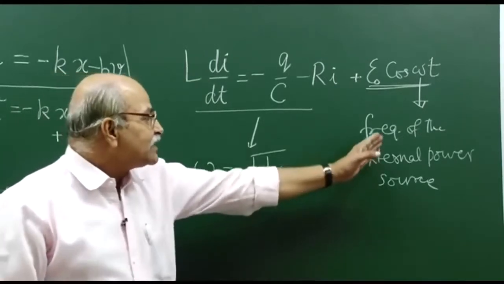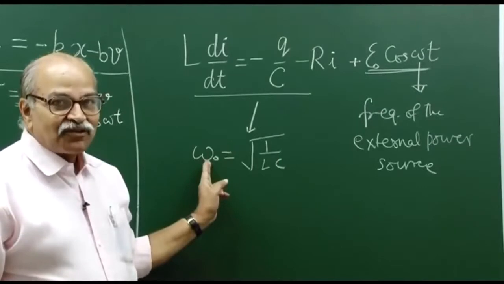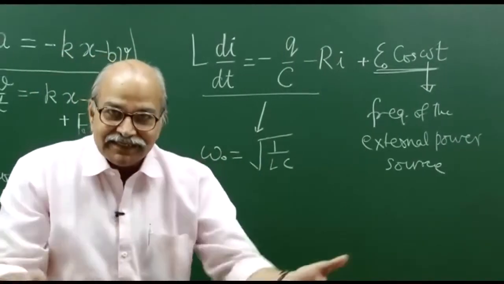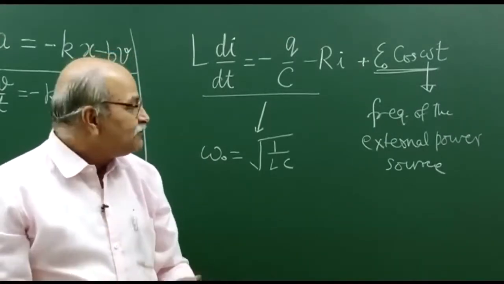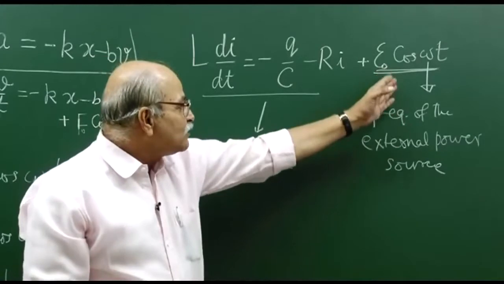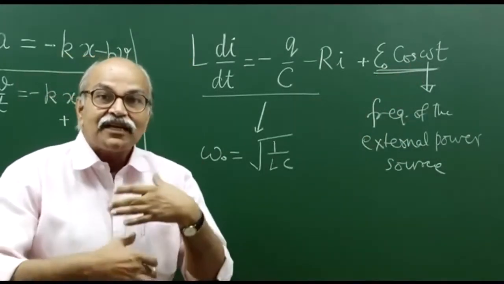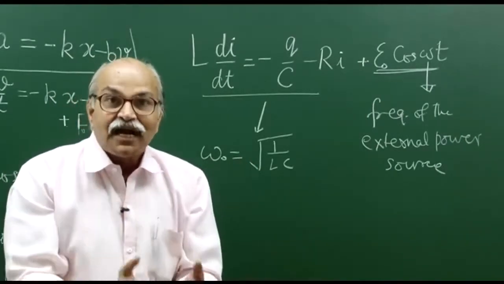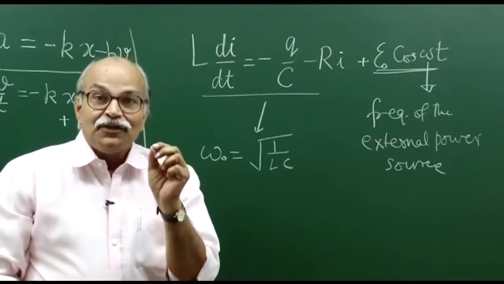And if this frequency omega and this natural frequency omega naught are close to each other, then the current in this circuit will be high. And if these are widely apart, if they are quite different from each other, then the amplitude of that oscillating current will be very, very low.